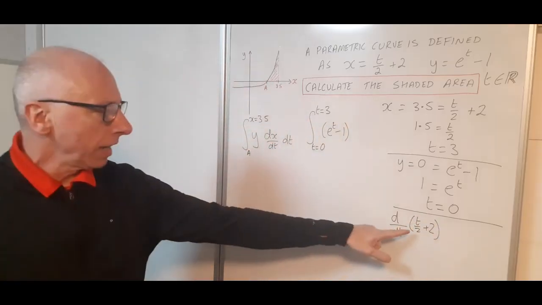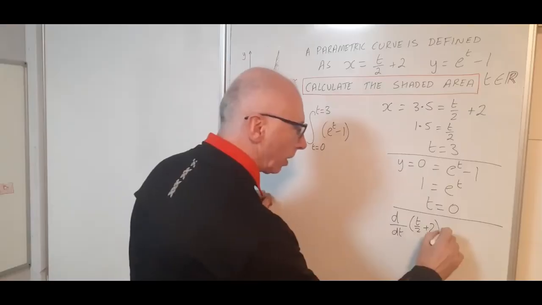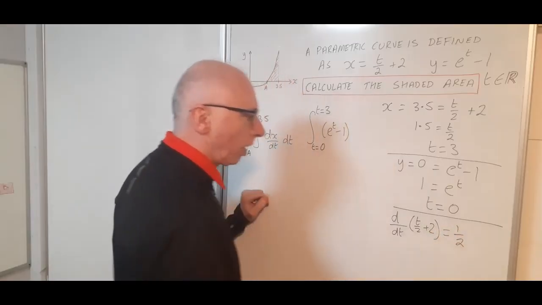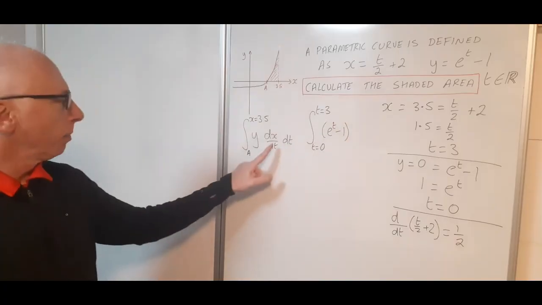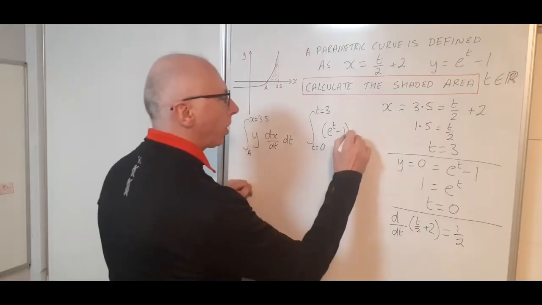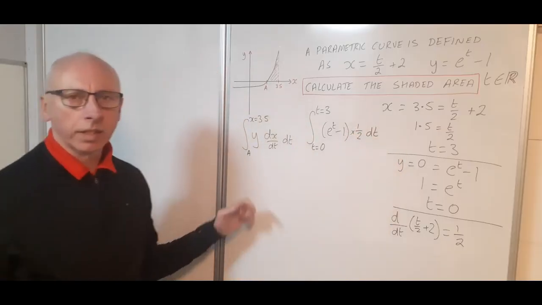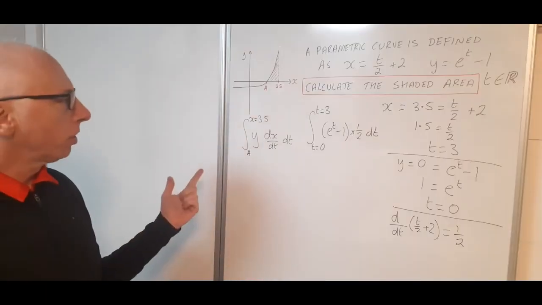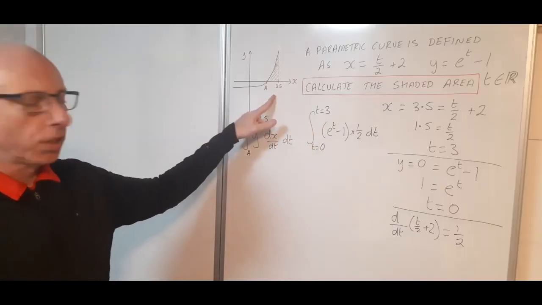The 2 becomes 0 and t over 2 simply becomes a half. So that equals 1/2. Okay, so now let's put that into here for my dx dt. So we've got 1/2 and then we've got dt. Okay, so now we can just solve this integral from t equals 0 to t equals 3 and see that as our area under the curve.